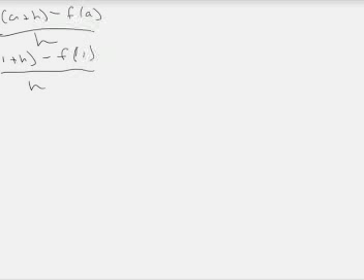Limit as h approaches 0 of negative 1 plus h, because remember we're just going to be substituting this a plus h, this 1 plus h, in for x in the function, squared plus 3, and then remember f of 1 is 2, so we've got a minus 2 in there. Sorry, that should be a plus, over h.